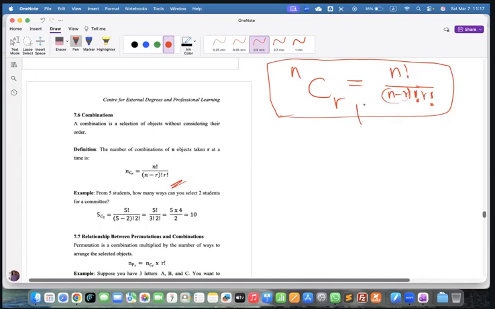Not only for combinations, we also utilize this equation in some different scenarios.